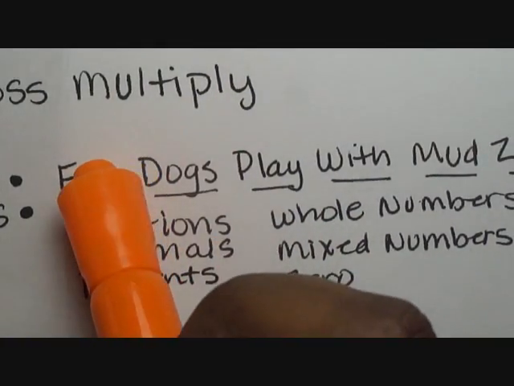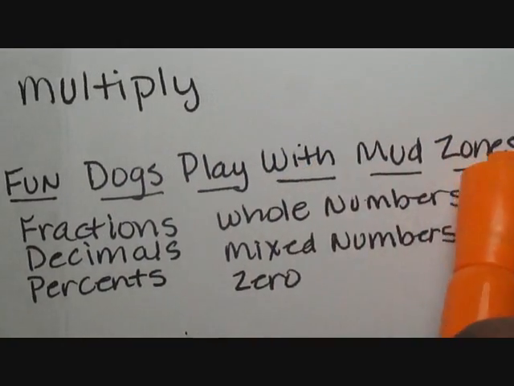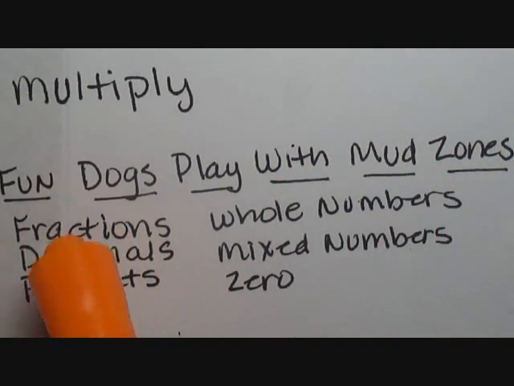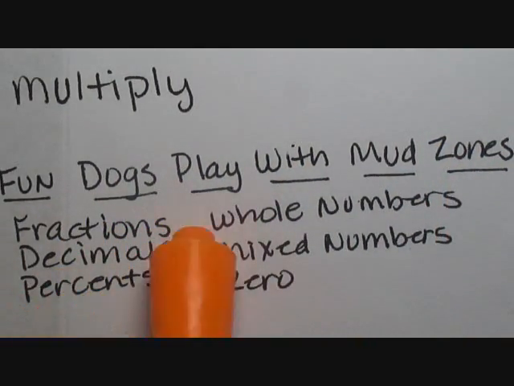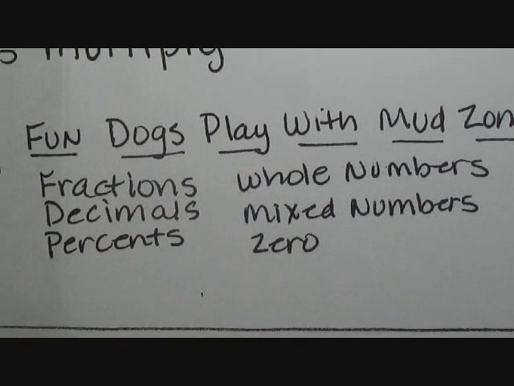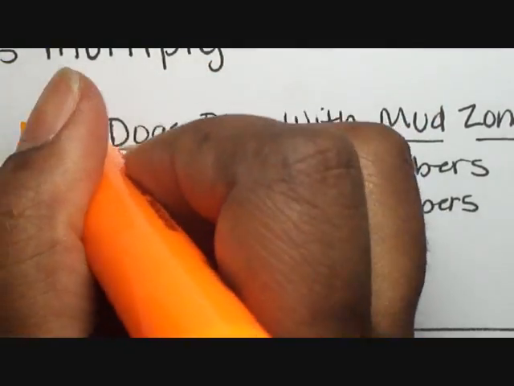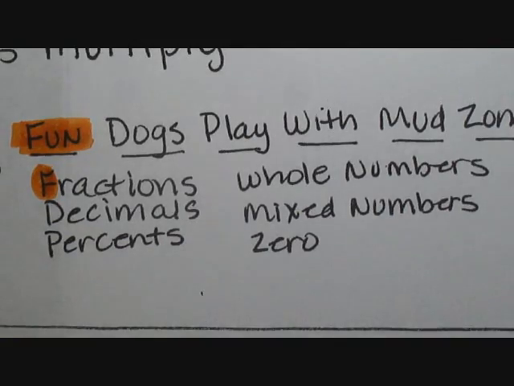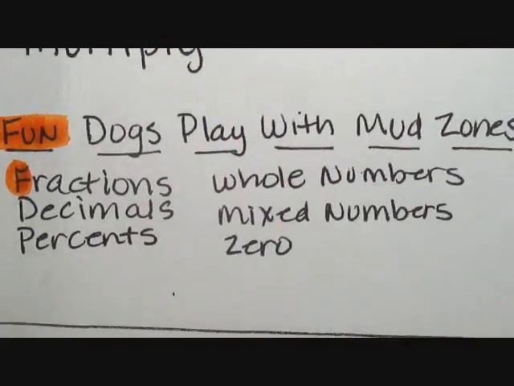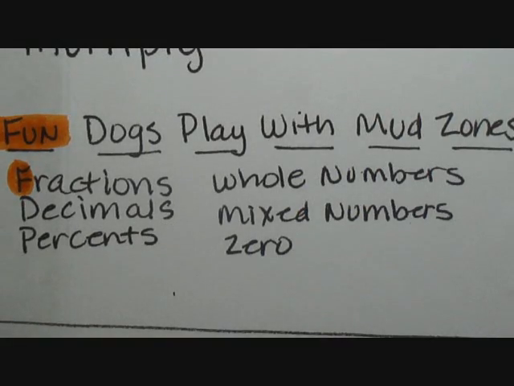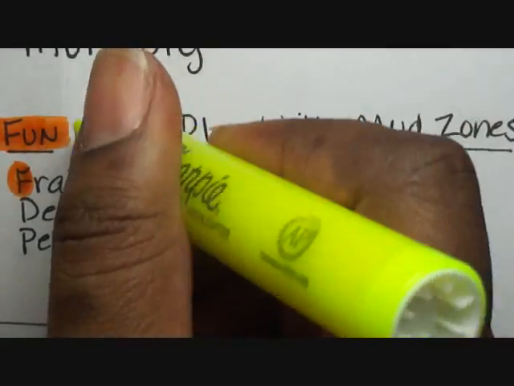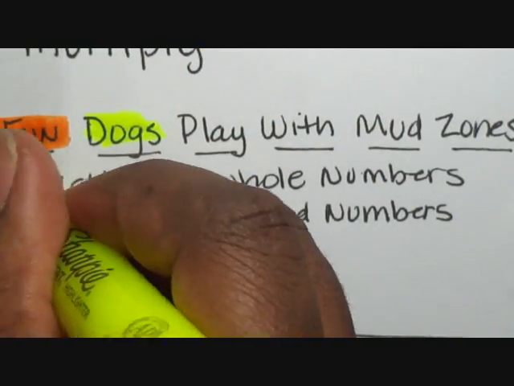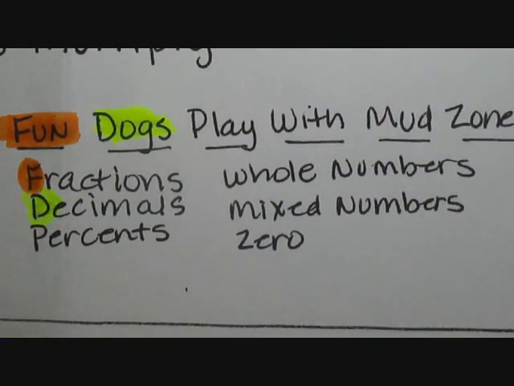Now, by memorizing this mnemonic, that will help us to remember all the types of numbers that are rational numbers. The first one, fun, we're going to take that F, and that's going to help us memorize the first one, fractions. And these are in no particular order. The next one, dogs, it starts with a D, and that's going to help us to remember the rational type of number, a decimal.